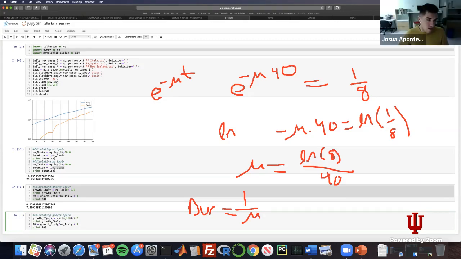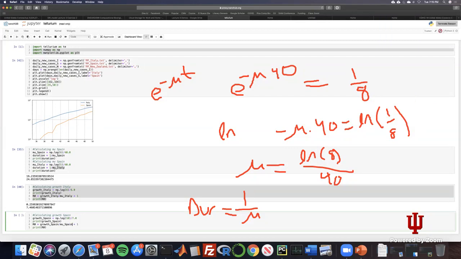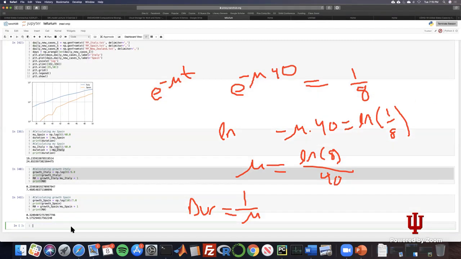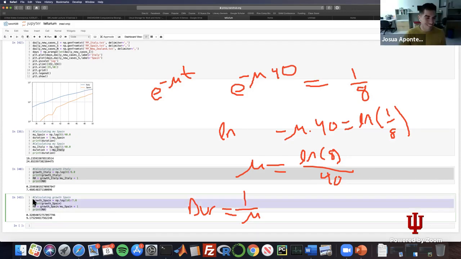And then, now, whoever asked the question, did we ever do this with real data, is probably regretting it. R naught is 9.